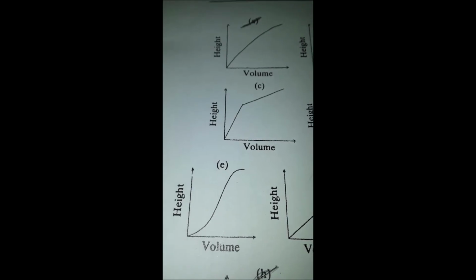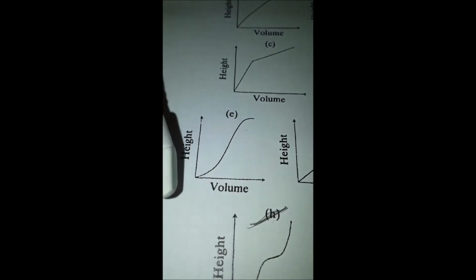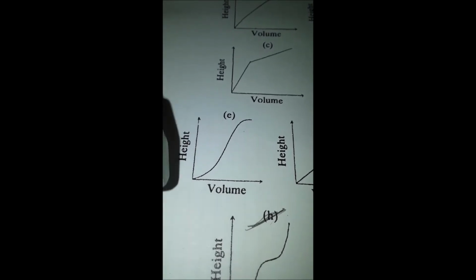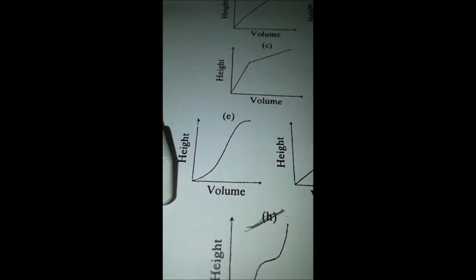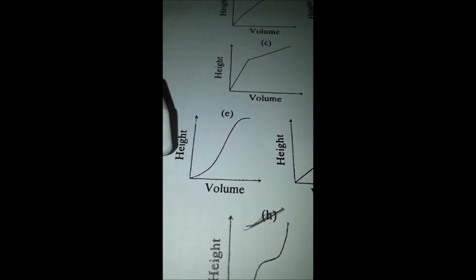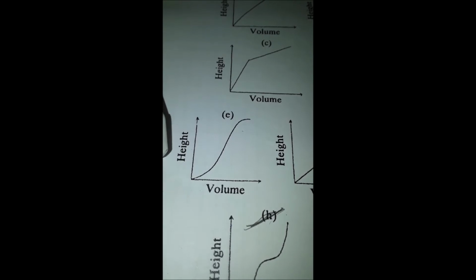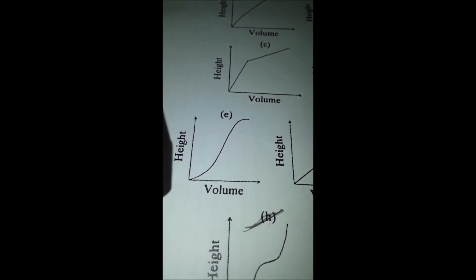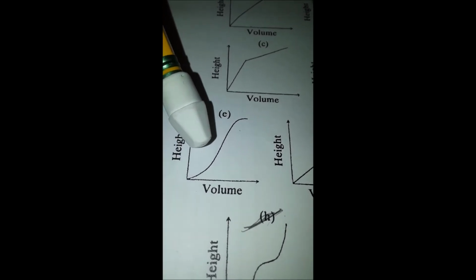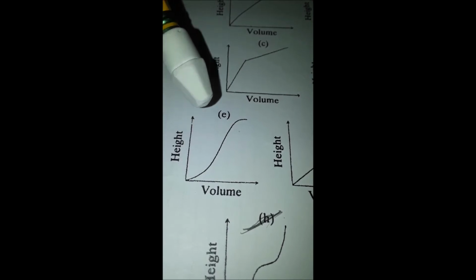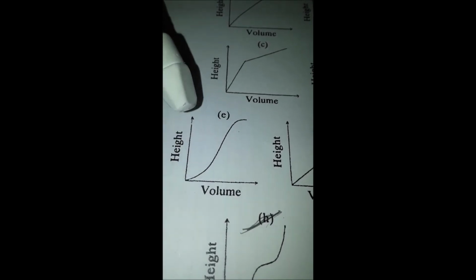So that's what we got to with letter E. Because as you can see, there is an increase in volume and a decrease in height at the very beginning. But as you start to fill it up more, you can see that there's an increase in height than there is in volume. And then once you start filling it up more, you see that the volume will start to increase, thus the height will decrease. So that's the reasoning behind graphing it with letter E.